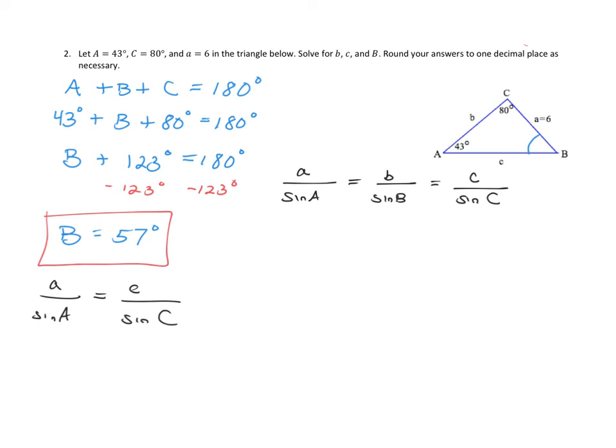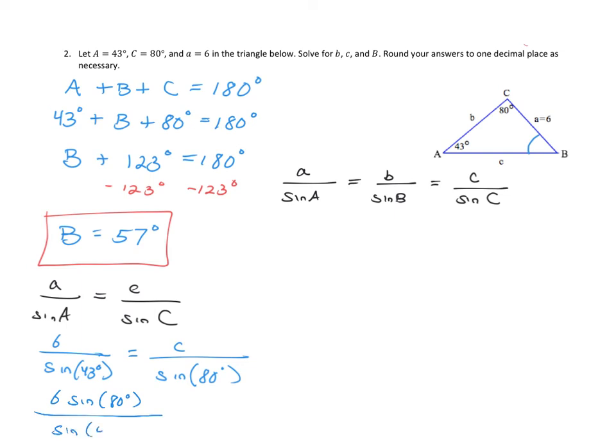If I plug in all of the necessary information, I have that 6 over sine of 43 degrees is equal to C, the thing I don't know, over sine of 80 degrees. I can multiply sine of 80 degrees over here, and that leaves me with C. So that is 6 times sine of 80 degrees over sine of 43 degrees is C. And I'm just going to type this into my calculator.